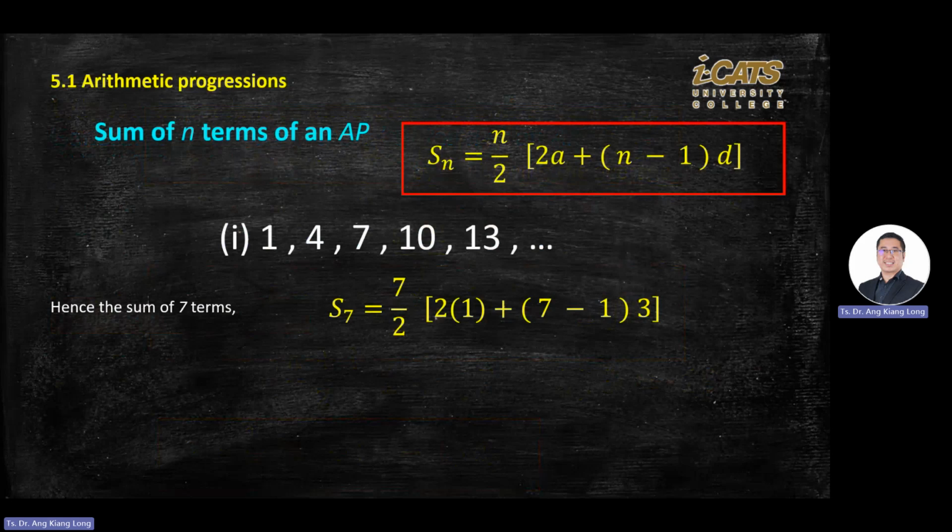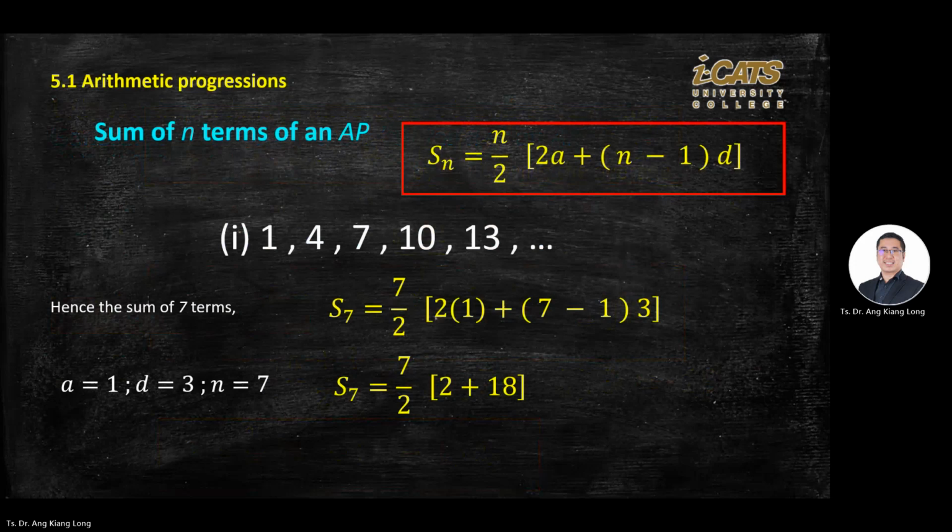So don't write S. If the question asks you for 7 terms, you write S sub 7, and so on. Okay. Then you calculate. So you can skip these steps after you have shown me how you substitute. You can skip this step and straight give me 70.